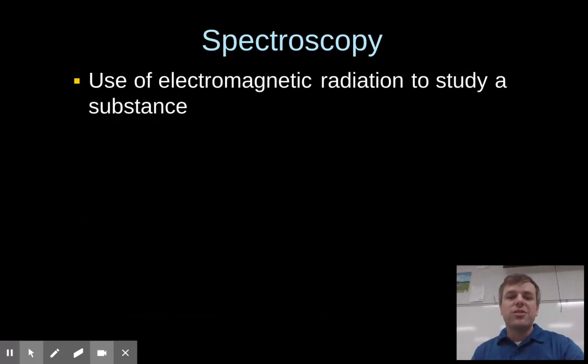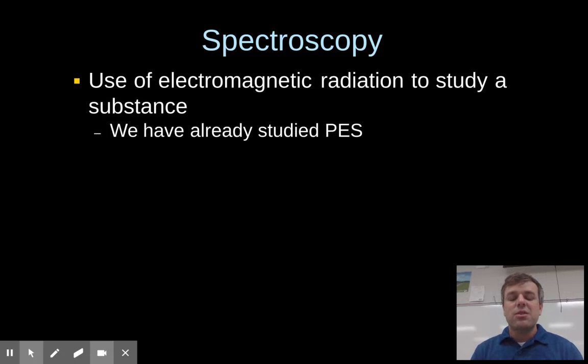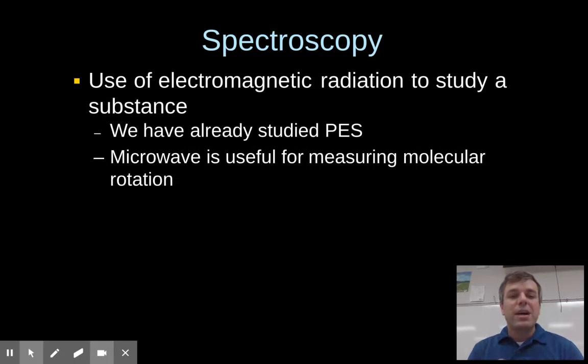But spectroscopy is the use of electromagnetic radiation to study a substance. Now, photoelectron spectroscopy and mass spectroscopy are two things we've already studied. We're going to look at a few more. So microwave spectroscopy is useful for measuring molecular rotation.